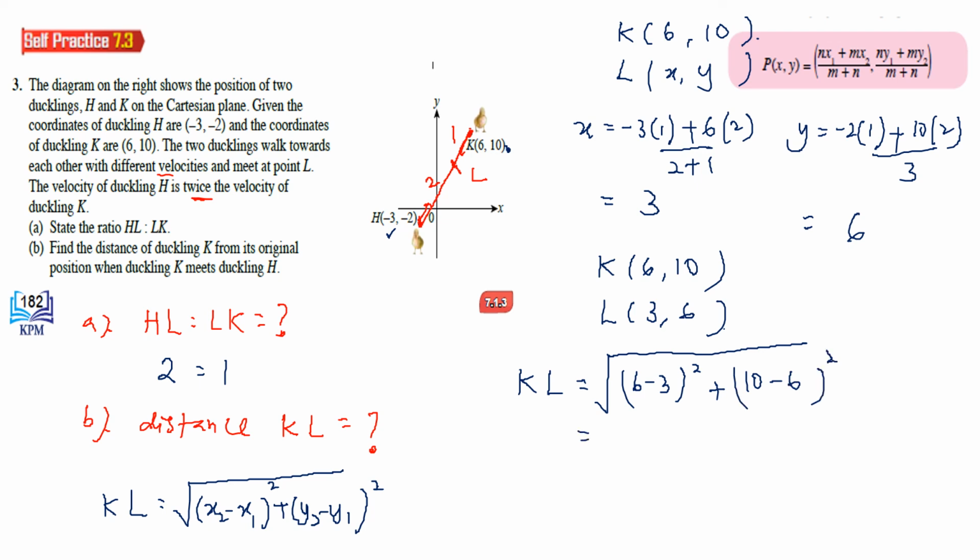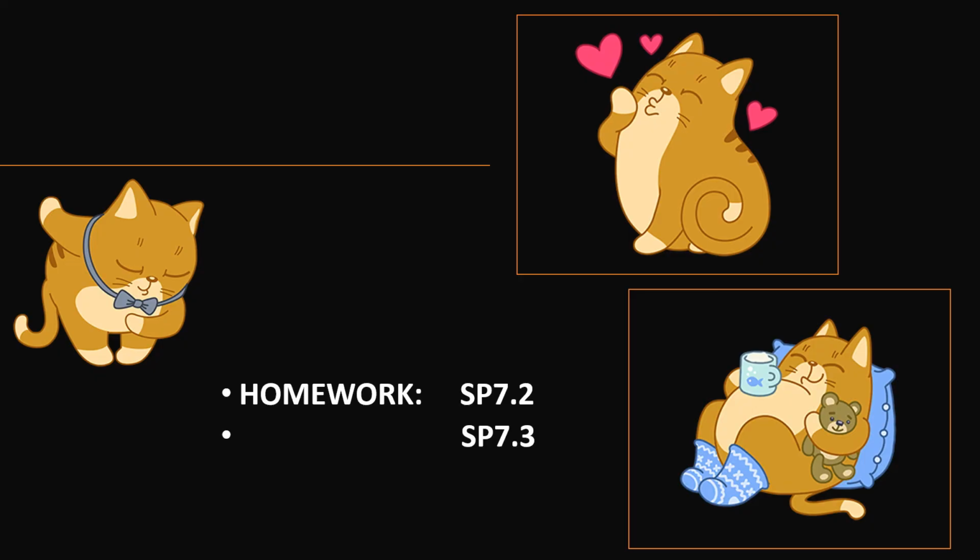Okay, so this will give us 3 squared plus 4 squared. So 9 plus 16, it is a very common Pythagoras theorem. We'll get square root of 25, which is 5 units, since this is the distance. So we have solved the problem.